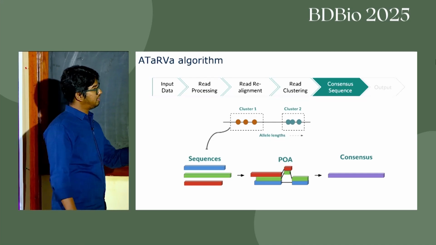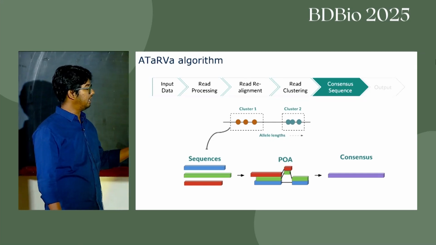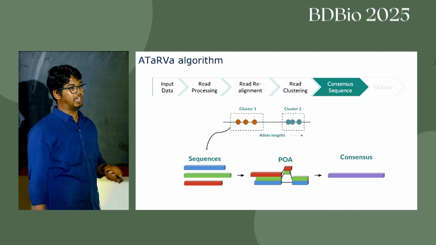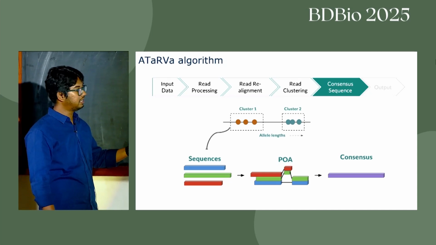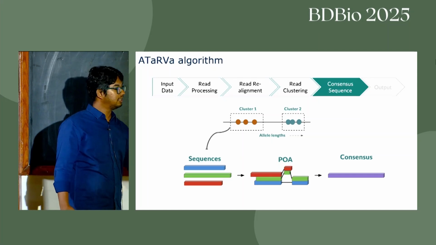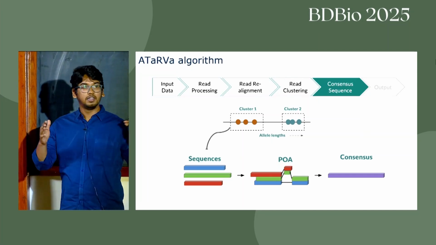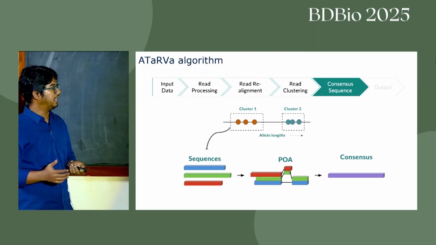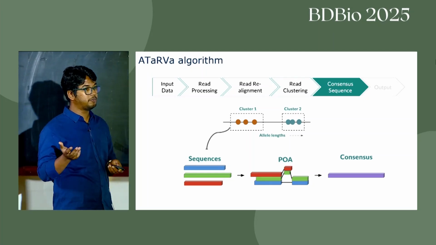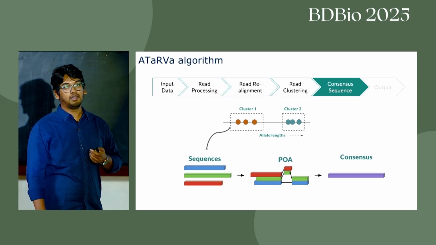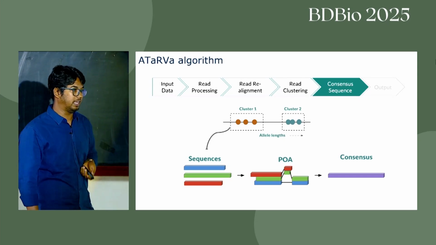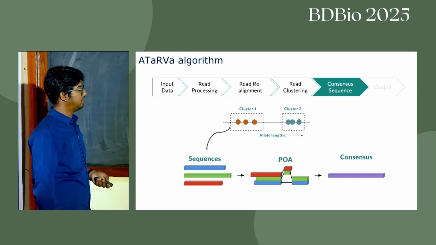We take all the reads that come from one cluster and we build a partial order alignment graph to understand how they are agreeing with each other. Based on this graph, we derive the consensus TR allele sequence, and then it gets written to the output. There is optionally something called motif decomposition that I'll explain a bit later, but this is what we do.